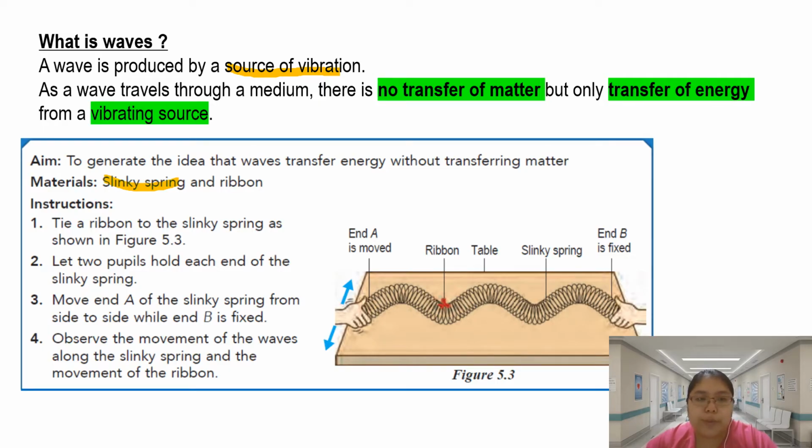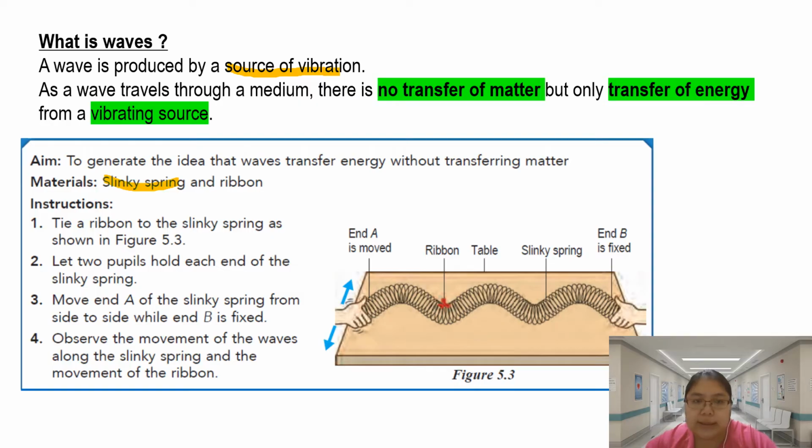Let two students hold each end. The end A is moving, and end B is fixed and never moves. The student at end A shakes the slinky spring up and down. When they shake it up and down, what can you observe? You find the spring moving just like a wave, going to the right-hand side. Okay, what happened to the ribbon?